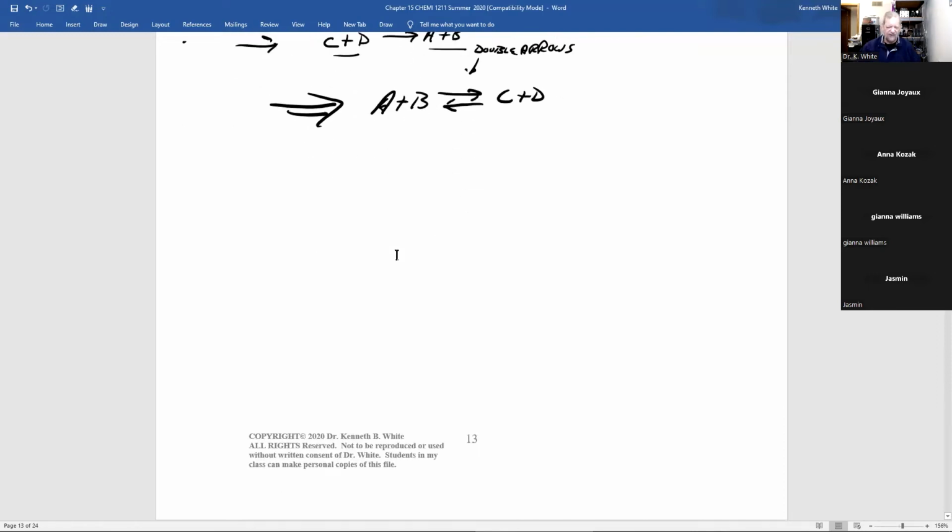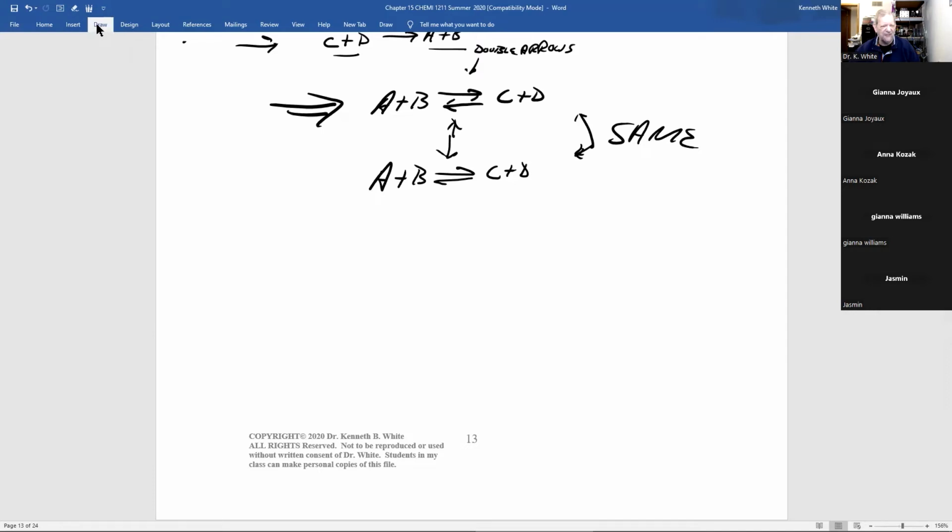Oh, one thing, because I'm an organic chemist. Thank you, Gianna. Sometimes, like a lot of times, I'll do it this way. And this is 2 different ways of drawing the arrows.